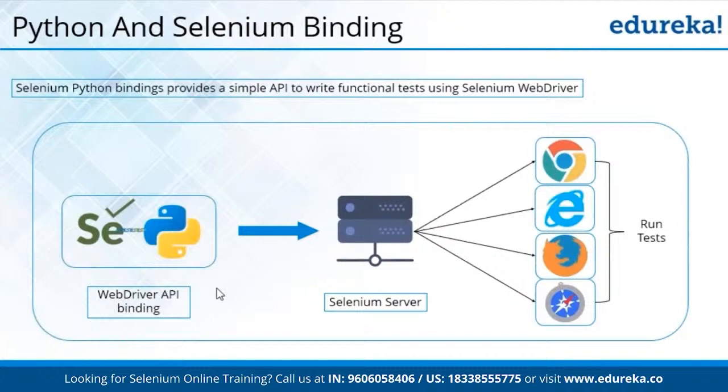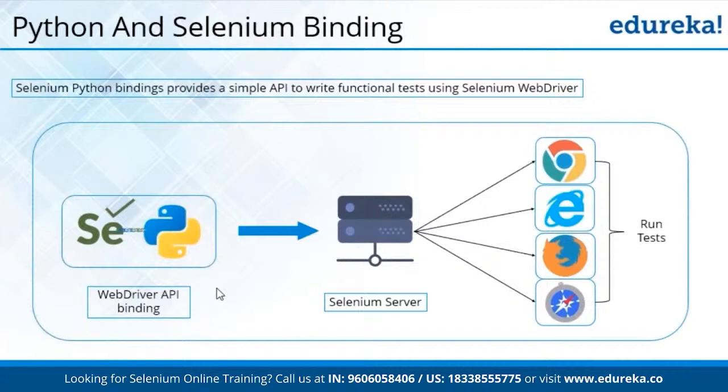Now, when we talk about WebDriver, how does the architecture look like? The architecture is very simple. You have Selenium WebDriver API bindings. These are the binding libraries which are created, and with the help of them you connect to your Selenium server, and with the help of your server and the driver binding libraries of each browser, you allow the Selenium script to run on the various browsers as you expected.